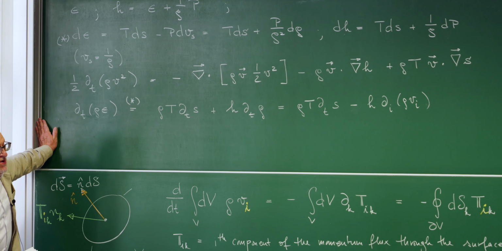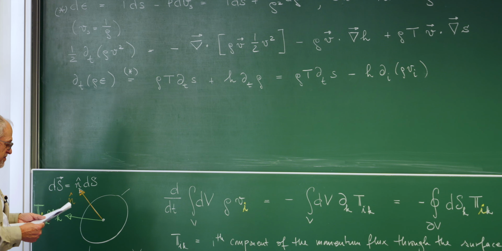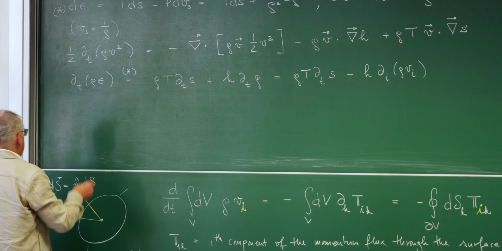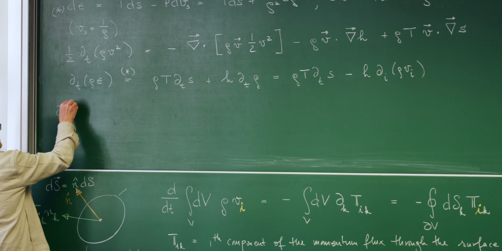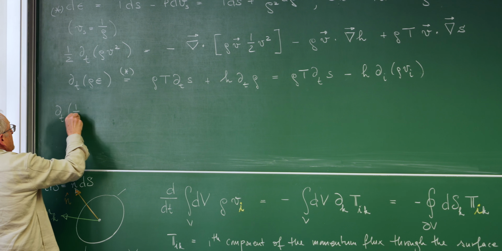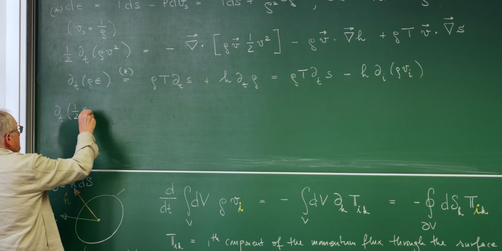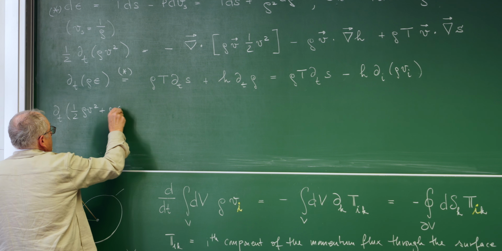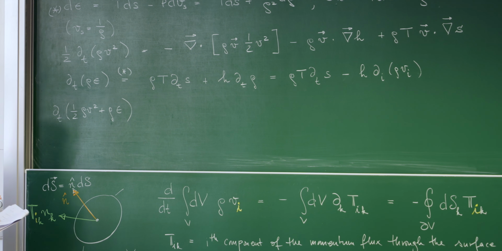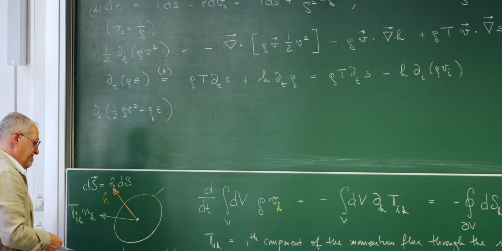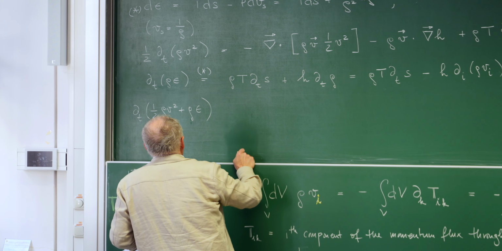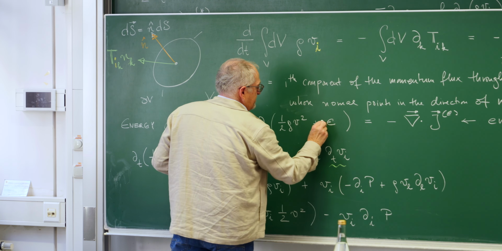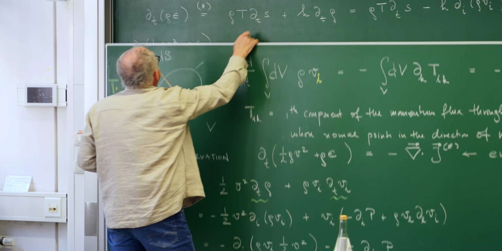Good, that's a bit of algebra that we have to do, but when you combine everything together, we get something, again, that will make a lot of sense when we interpret it. So as we add up the kinetic and the potential energy, sorry, I forgot something here. I forgot the rho here.